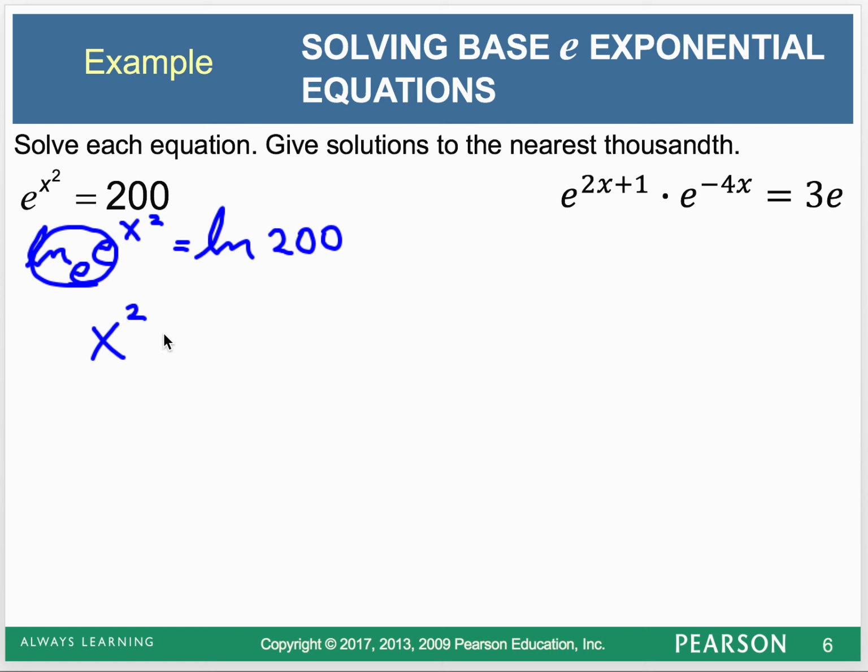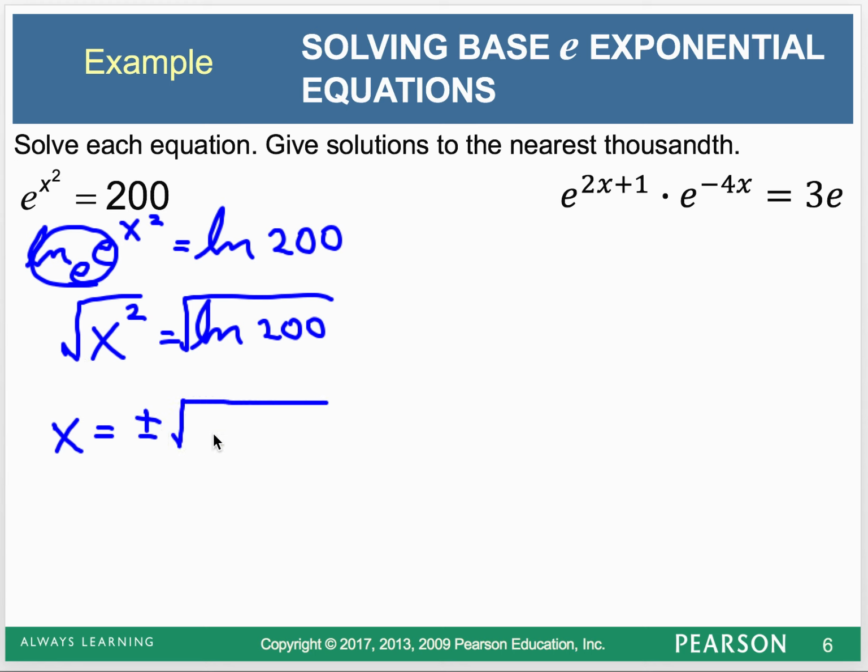I can just bring that x squared down. Look how much shorter it made my problem. Okay, now square root both sides. So x is, don't forget, if I put the square root in the problem, I got to do plus or minus the square root of natural log of 200.